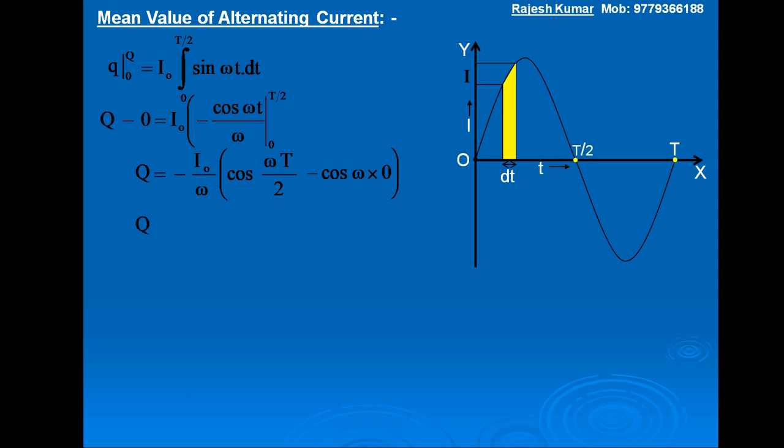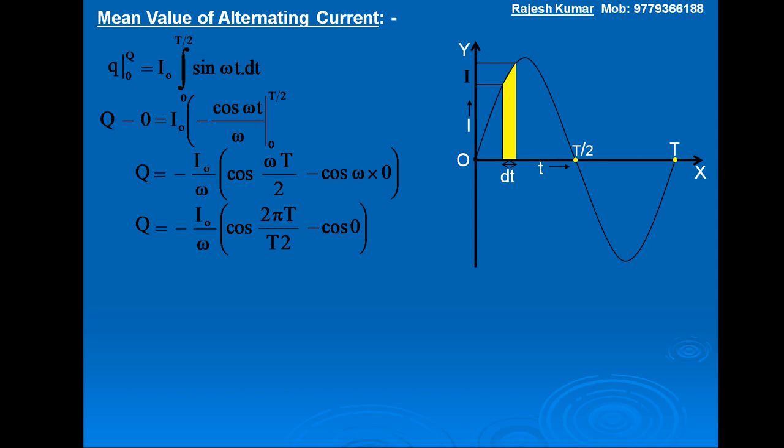Or capital Q is equal to minus I naught upon omega into cos of 2 pi upon capital T, the value of omega, into capital T by 2, minus cos of 0, as omega into 0 becomes 0.